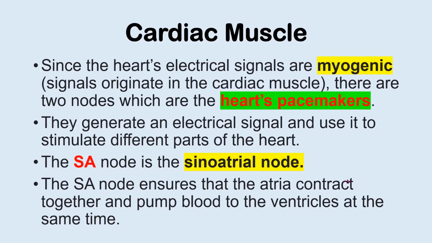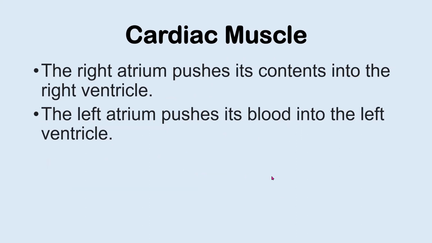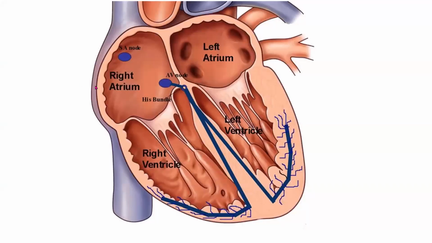You can't have it any other way. There are some pictures coming up. The right atrium, the top right chamber, pushes the contents into the right ventricle, which is the lower chamber, and the same on the left. So you have the right atrium, the left atrium, the right ventricle, the left ventricle.